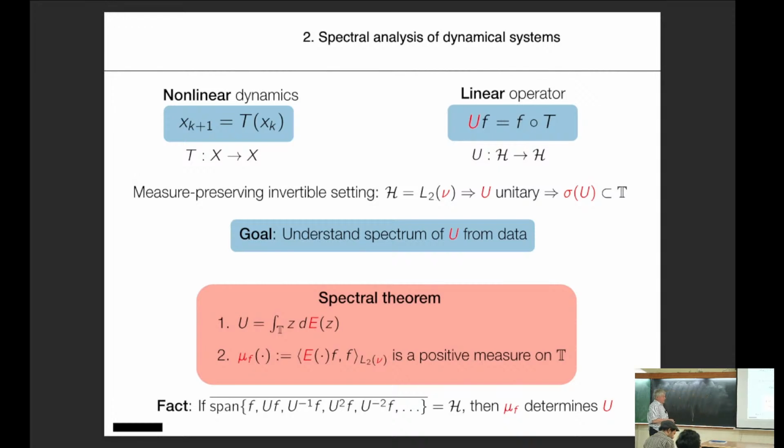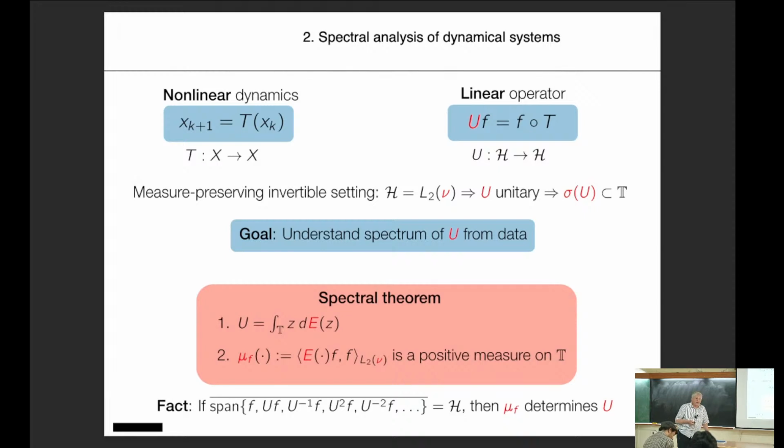The spectrum lives on the torus. You have a spectral measure which diagonalizes the operator. And if you localize this to an observable in L2, it will be a positive measure as we had before, supported on the torus.